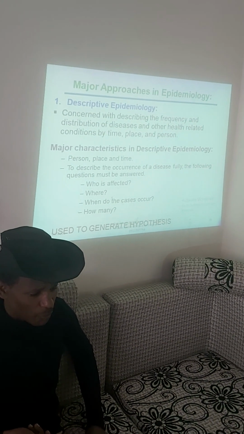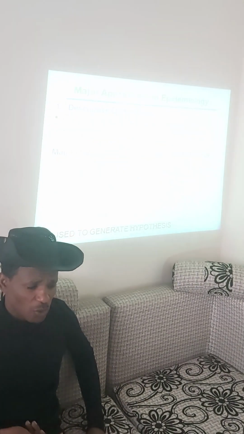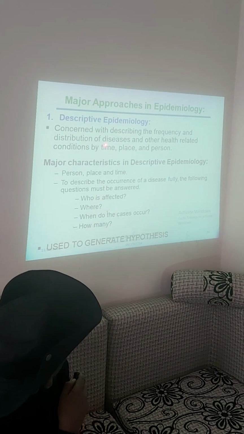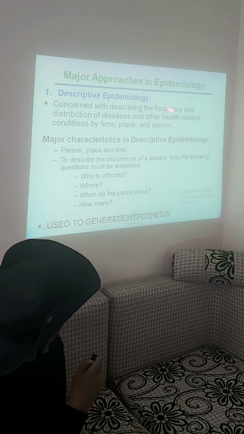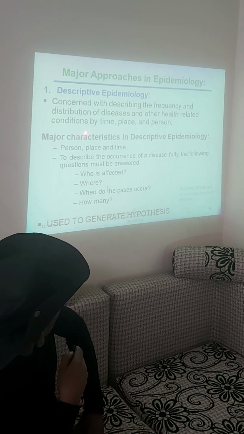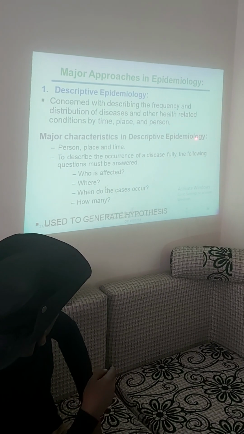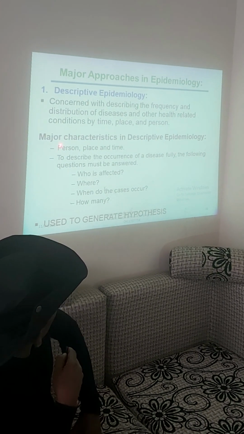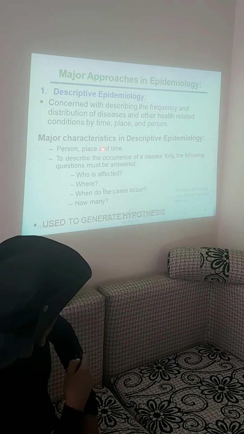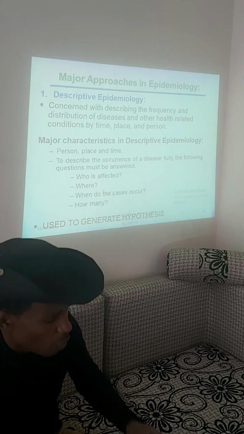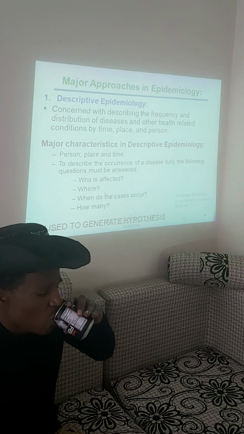Descriptive epidemiology is concerned with describing the frequency and distribution of the disease and other health-related conditions by pattern, which means time, place, and person. This approach is characterized in descriptive epidemiology by the pattern: person, place, and time.